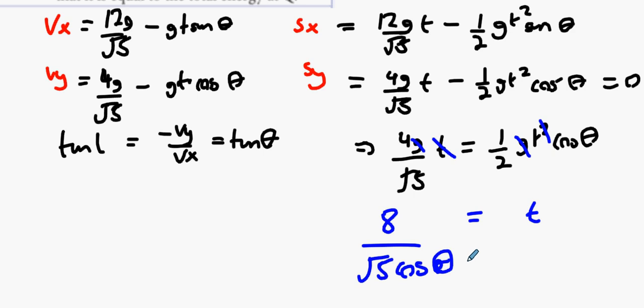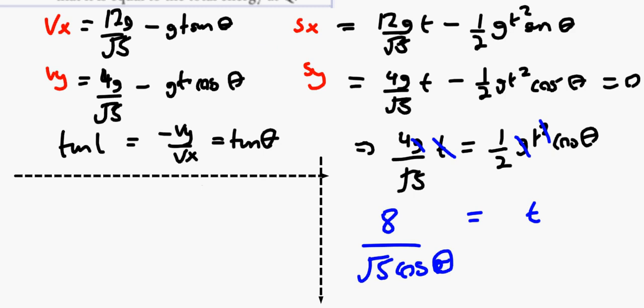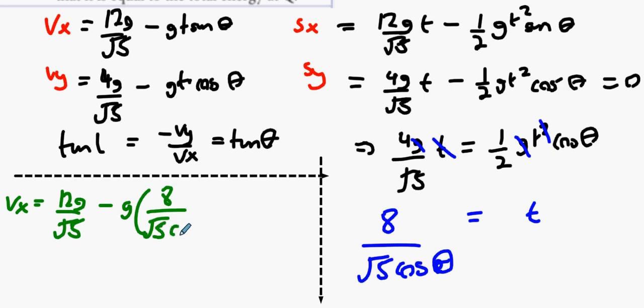Next thing I have to do is throw that into Vx and Vy. So Vx equals 12g over root 5, take away g t. What can we say about sine theta over cos theta?